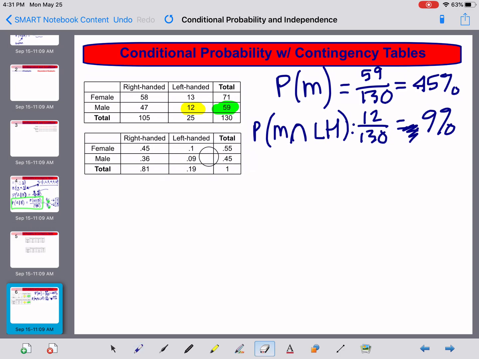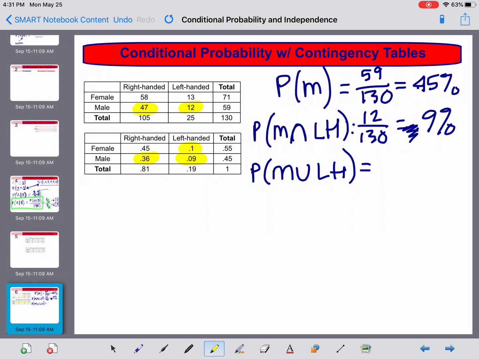Now the place where I think this is getting useful before we start doing conditional is if we do unions, because that's the or. So the probability of, let's just flip this to a union, male or left-handed. If you were to do the formula piece, which we've done previously, we have to add our probabilities and subtract the intersection. Well, I can do away with that by just looking at, here's my male, and then my left hand.